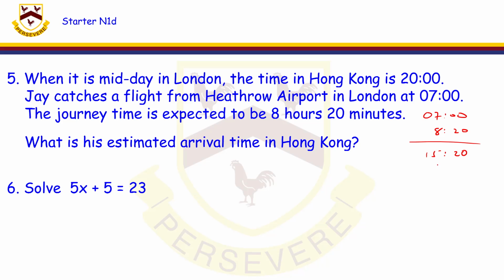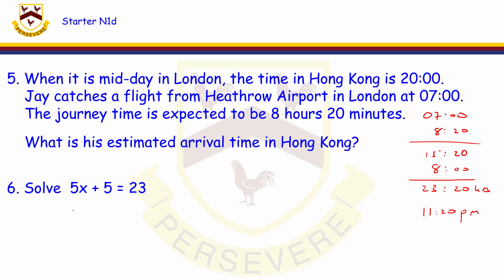So we need to add 8 hours on here. So that takes us to 2320 hours. Some of you might have 1120. But you have to distinguish, is it AM or PM? It's PM, it's in the afternoon.